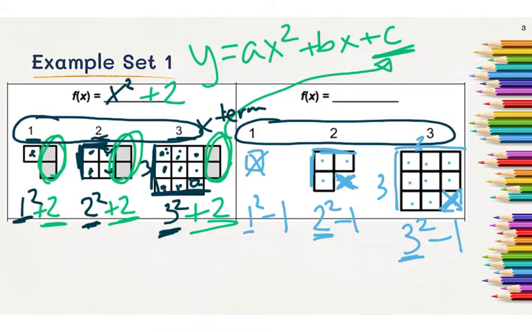So I look. When I've got 2 squared, my x value is 2. When I have 3 squared, my x value is 3. And when I have 1 squared, my x value is 1. So they match, so it's the same thing, x squared minus 1.